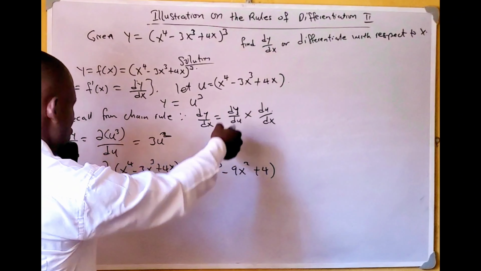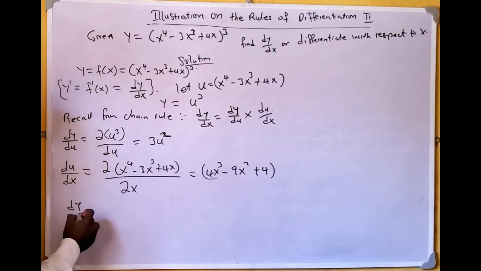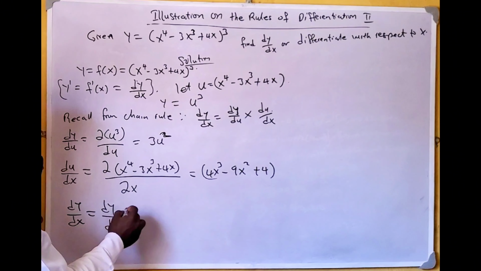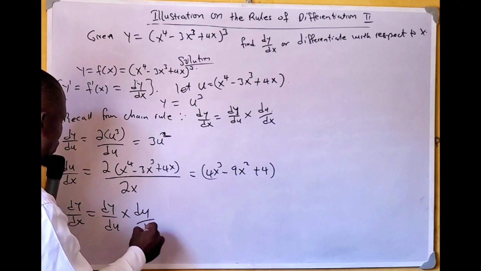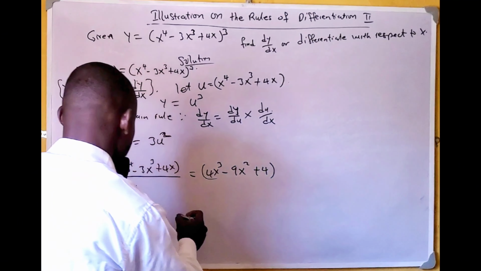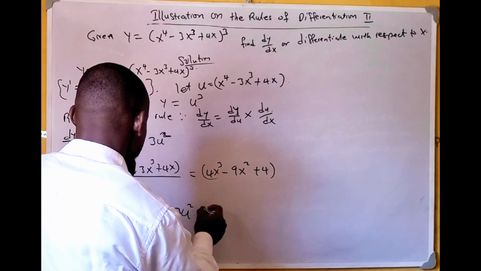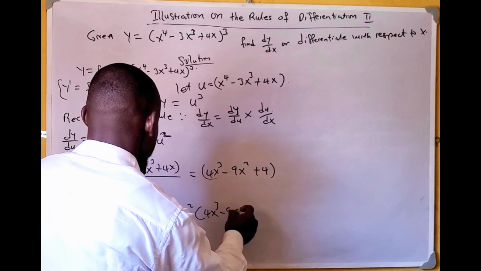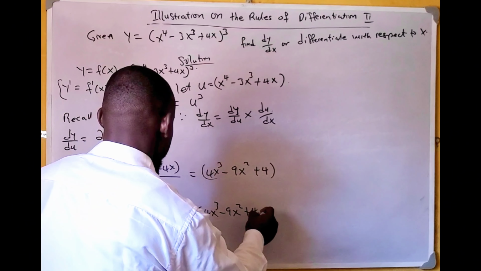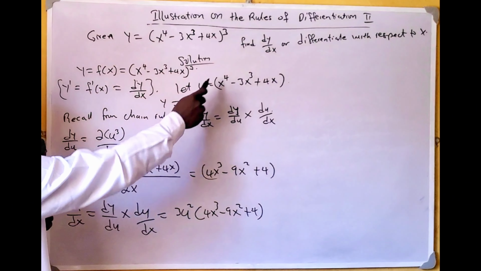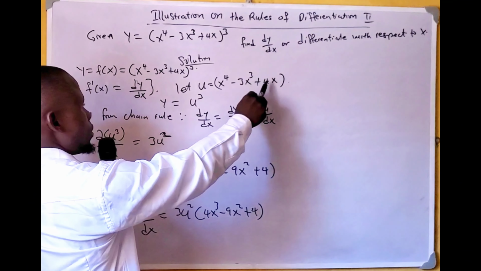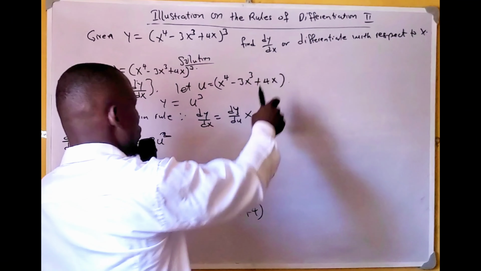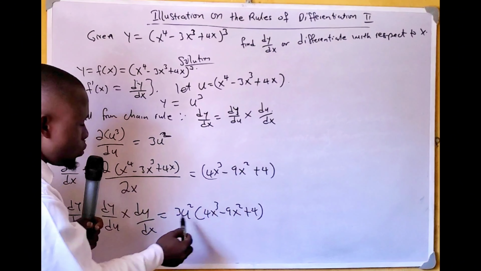So bringing the chain rule down again, dy/dx equals dy/du times du/dx, which equals 3u squared times 4x raised to power 3 minus 9x squared plus 4. Now recall, your u equals x raised to the power 4 minus 3x raised to the power 3 plus 4x. So you substitute this for u here.